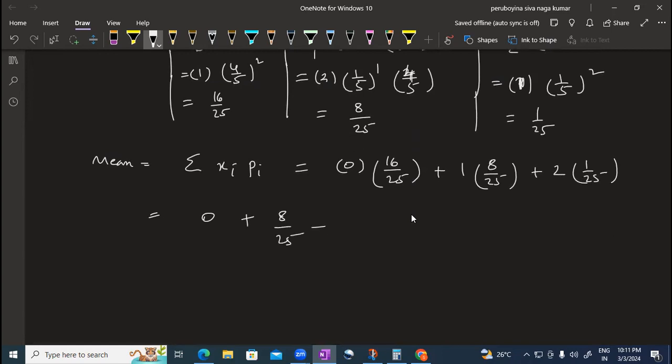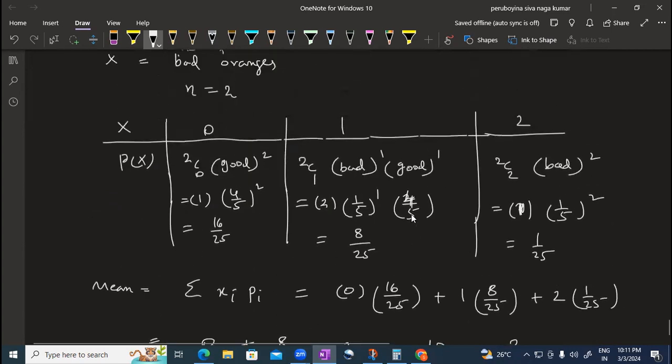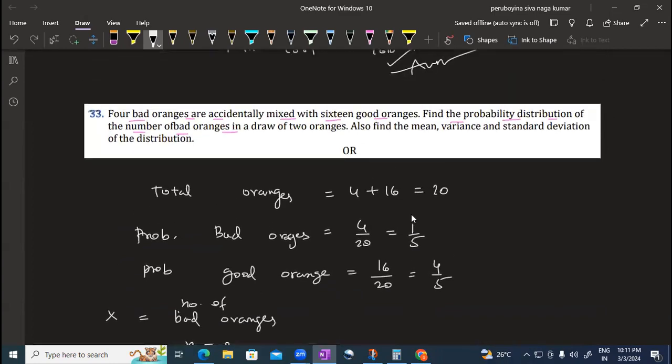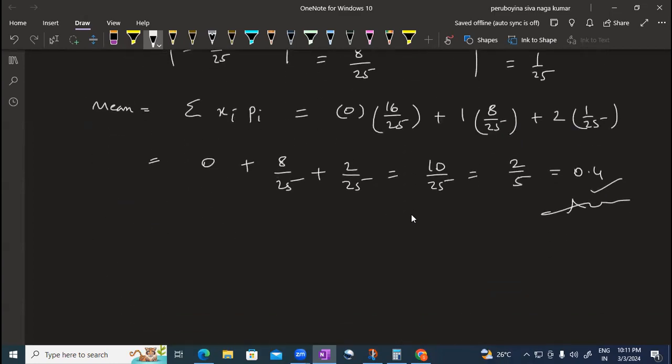So 8 out of 25 plus 2 out of 25, which is 10 out of 25. 10 out of 25 means 2 out of 5, or else you can write 0.4. So this is the mean of the distribution. And next it is asking for variance and standard deviation also. Let's calculate the variance V.